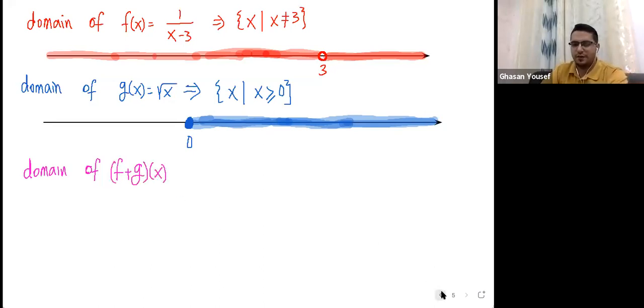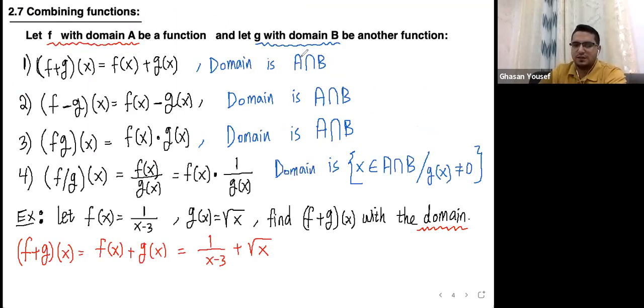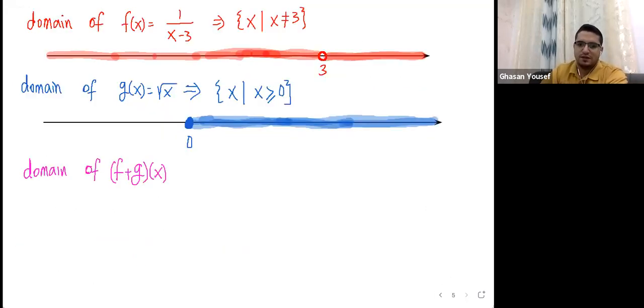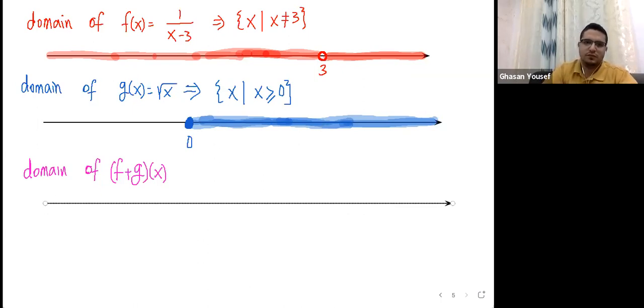As I know from the beginning, it is the intersection between both of the domains. Here is my real line. The intersection between both lines starts from the 0, like this. But at number 3 it is open.